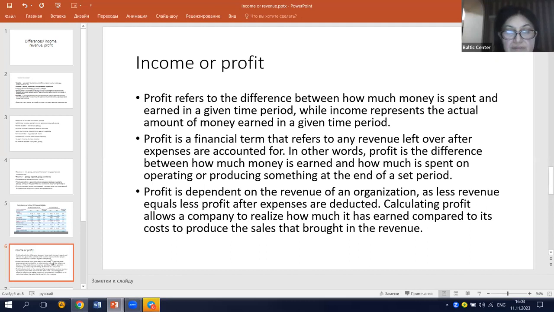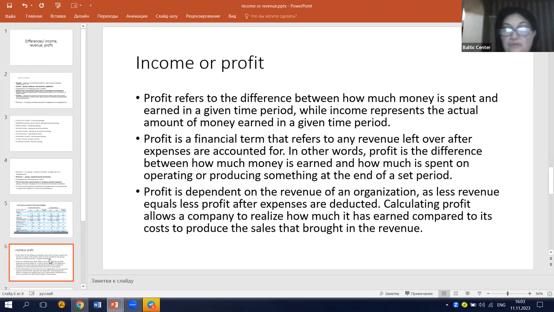Income and profit also differ. Profit refers to the difference between how much money is spent and earned over a period, while income represents the actual amount of money earned in a given time. Profit is a financial term and refers to any revenue left after expenses.